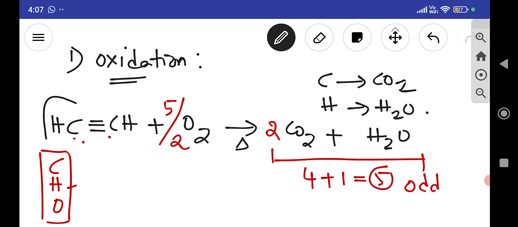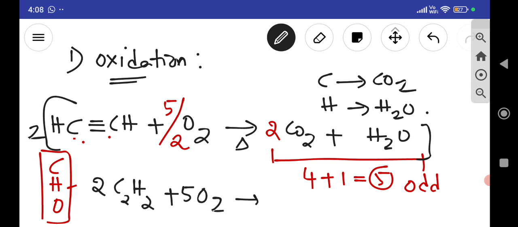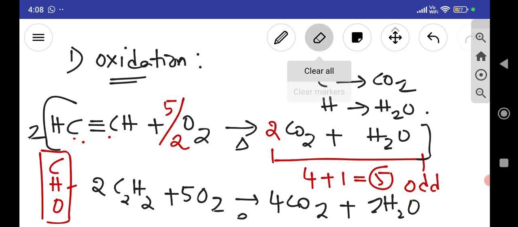Now to get the whole number, multiply the whole equation with 2. So you get 2 C2H2 plus 5 O2 gives 4 CO2 plus 2 H2O. So this is the balanced equation for the combustion of ethyne.